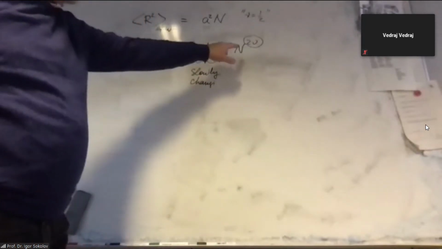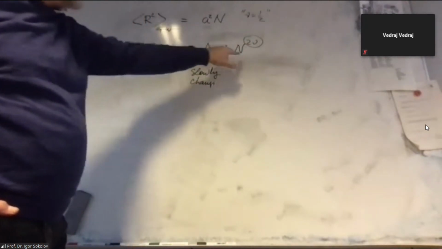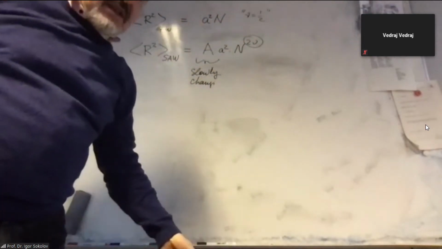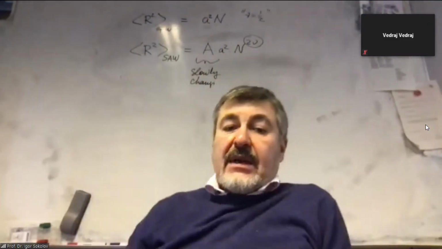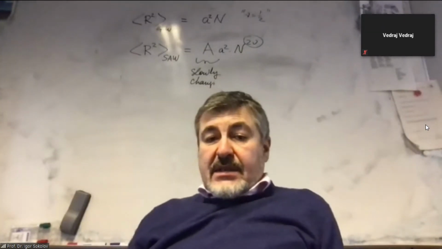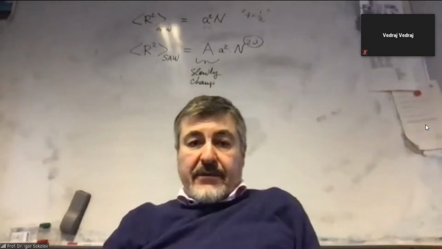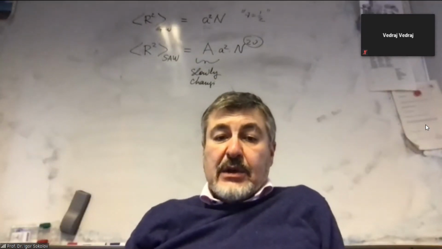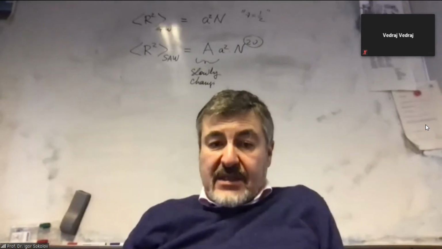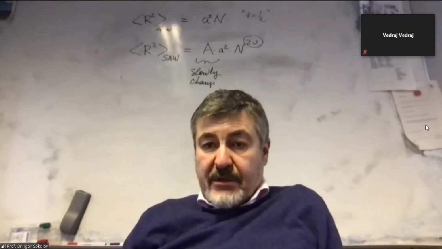It's some power which is not 1/2. And we see that this 2 nu, if we define nu as the corresponding power in the dependence of R squared on n, is larger than 1. This means that for large n, for long chains, the end-to-end distance in a self-avoiding chain is considerably larger than in a simple random walk. This is the first observation.